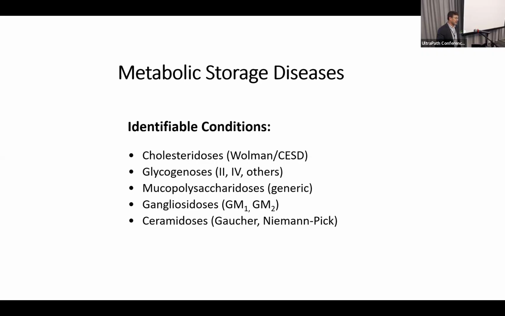No, but I think it does go to show that there used to be electron microscopy and histology, and then immunohistochemistry came along. We're not going to need EM anymore because we have immunohistochemistry. And then genetics came along. We're not going to need immunohistochemistry or EM because now we have genetics.